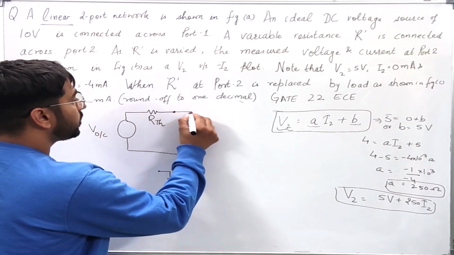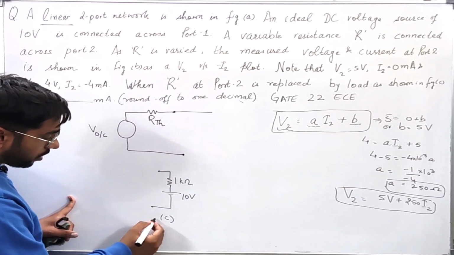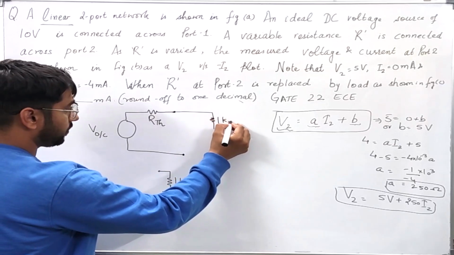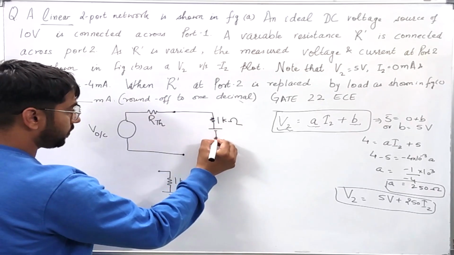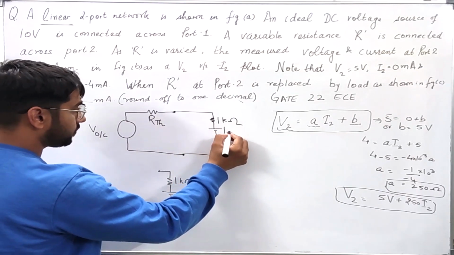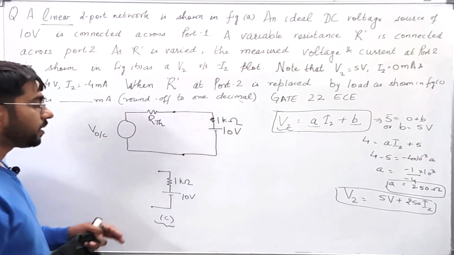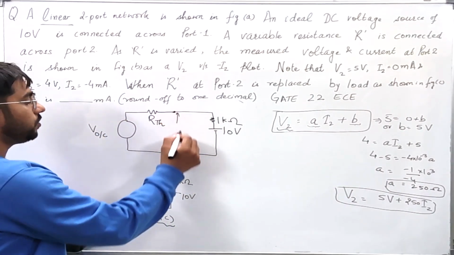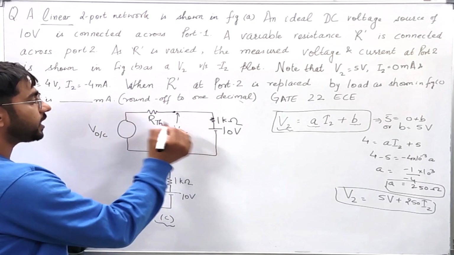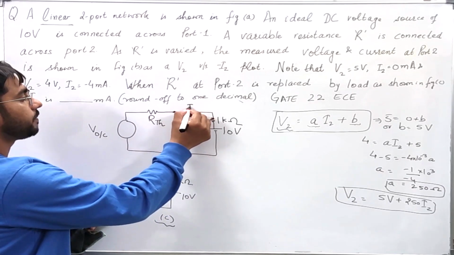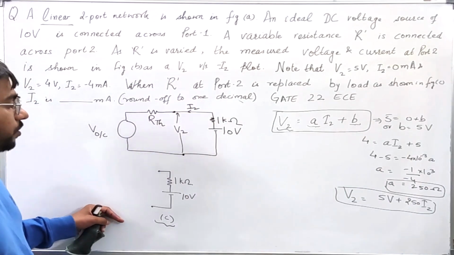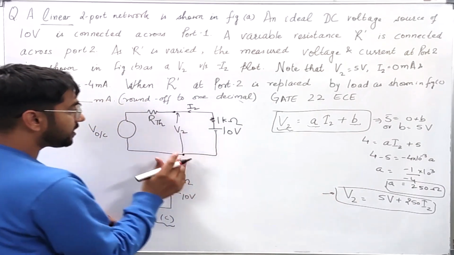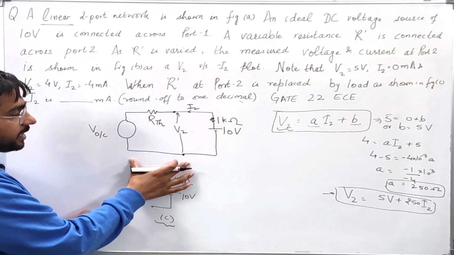And here the load will be connected. Now from this we can see that this voltage V2 is here and the current I2 is this current.